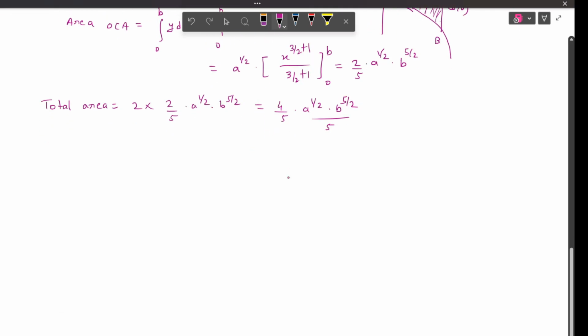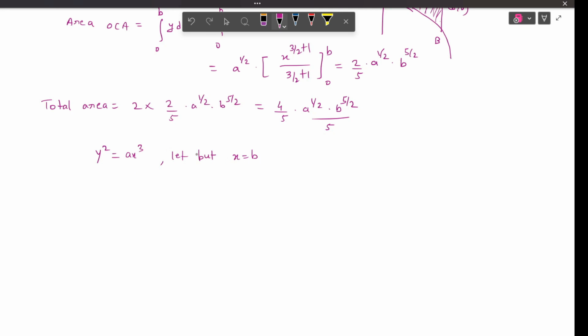Now let us put x equals to b in this equation. We have y square equals to ax cube curve. This is the equation of the semi-cubical parabola. Now let us put x equals to b in this equation. So y would be a to the power half into b to the power 3 by 2.